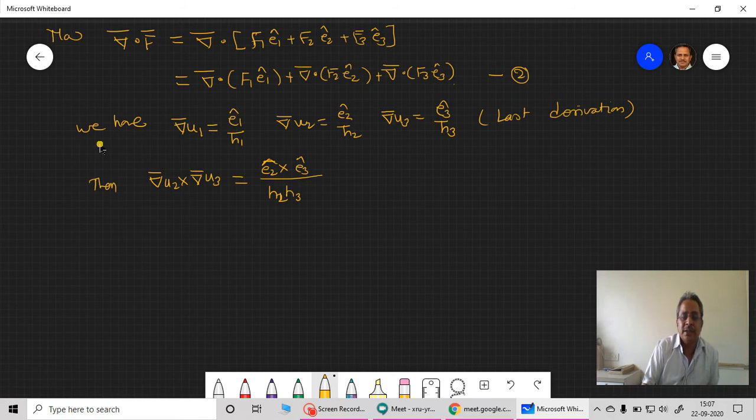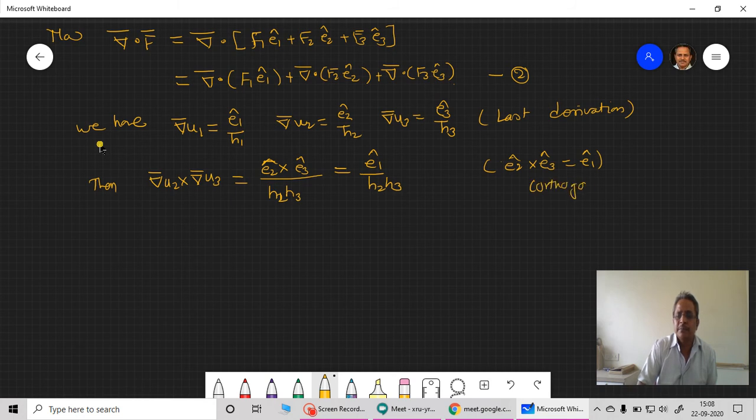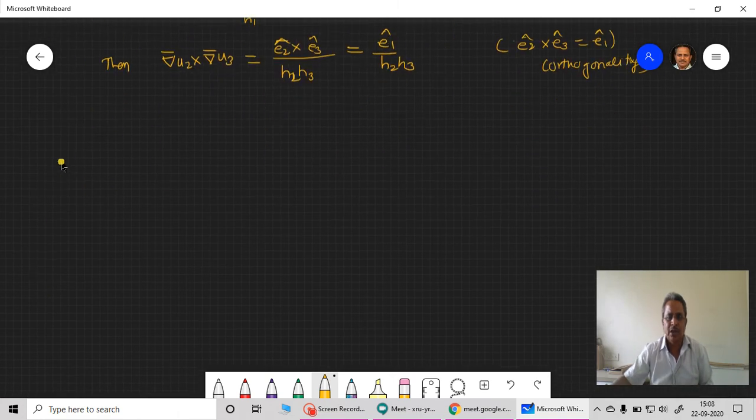And now look at this. As I know, all these e1, e2, e3 are mutually perpendicular to each other. The cross product of the second and third vector is nothing but the first vector. So it is e1 cap upon h2 h3, since e2 cap cross e3 cap is equal to e1 cap. Orthogonality of the coordinate system: this curvilinear coordinate system we have taken orthogonal, so we have derived this.